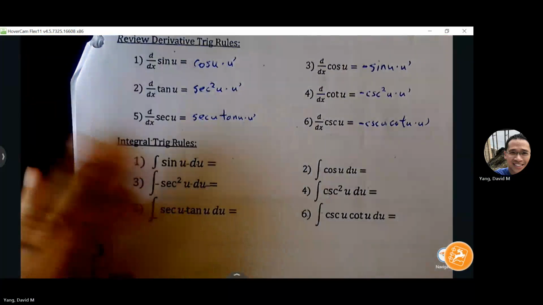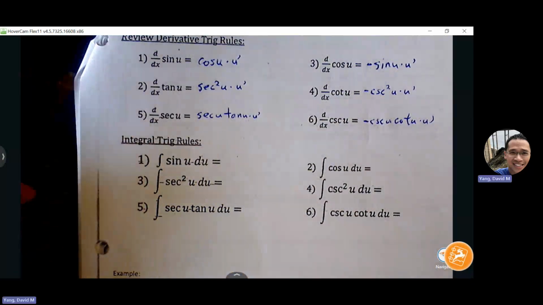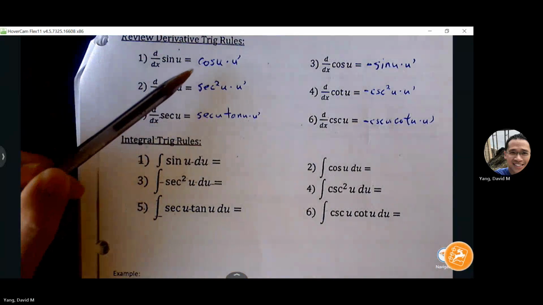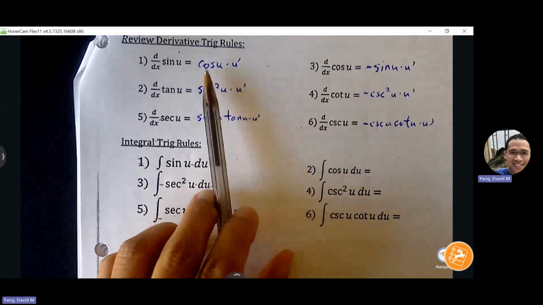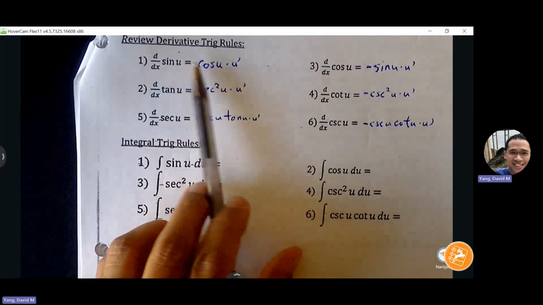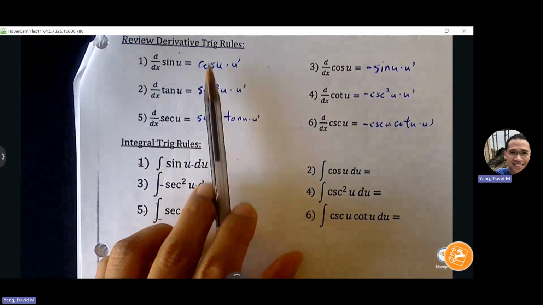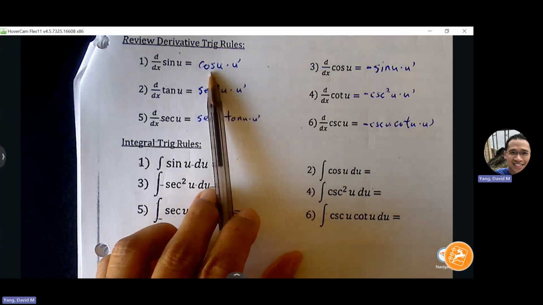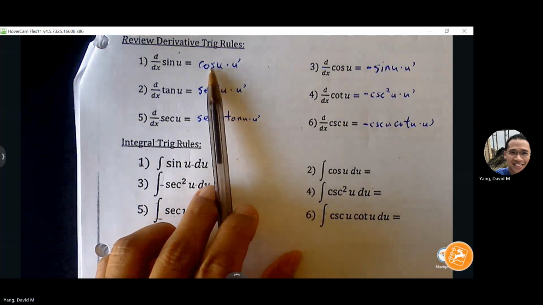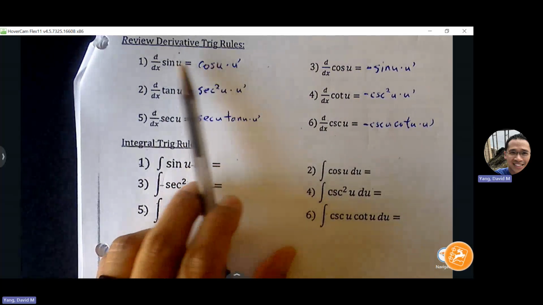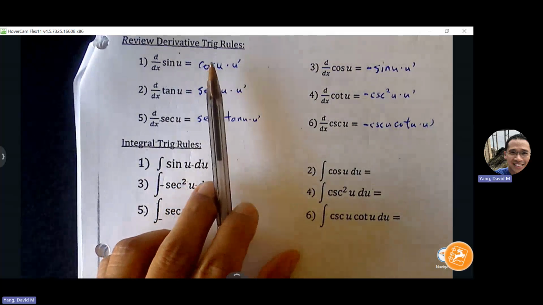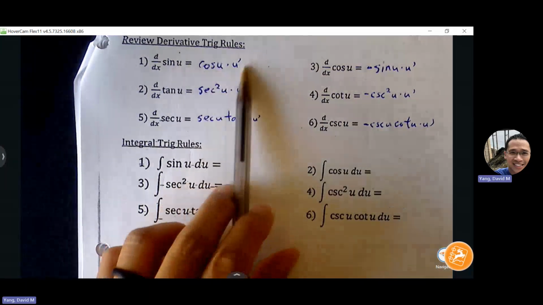Okay. So if I want to find the antiderivative, then I'm really just going backwards from here. If the derivative of sine is cosine, then the antiderivative of cosine is what? Just sine, right? You're just reading this backwards. Don't worry about this u prime.